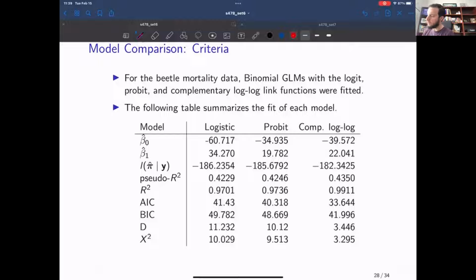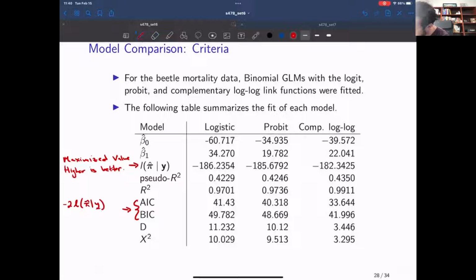All right, now it's important to keep in mind here that this is a maximized value. Okay, so higher is better.